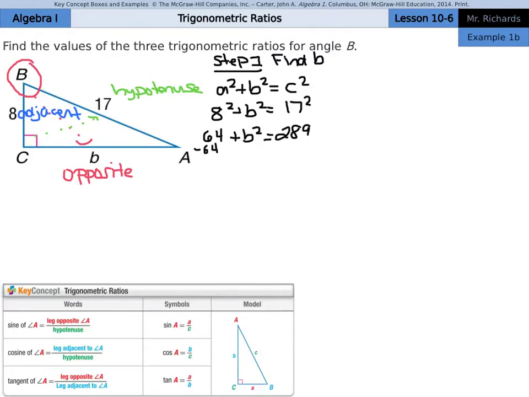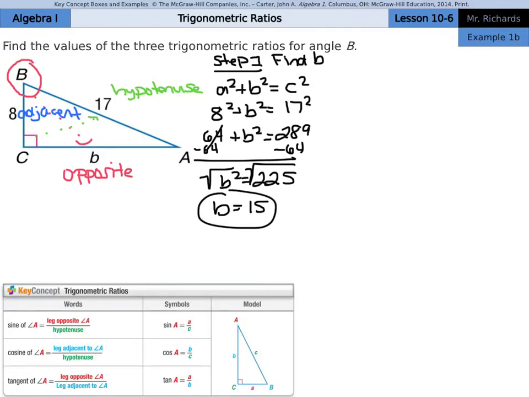Subtract that 64 from both sides, and b squared is going to equal 225. Once we take the square root of both sides, b is going to equal 15. So that opposite side then is 15.